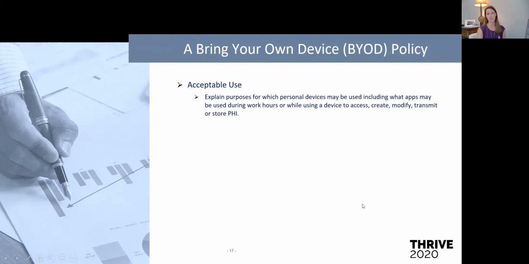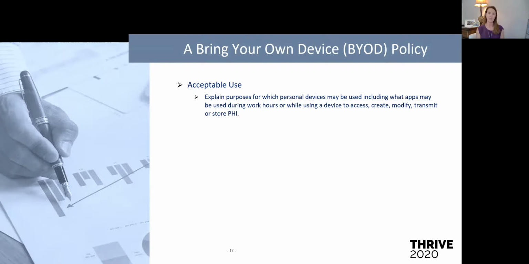So acceptable use. You're going to need to explain to your staff what apps that they can use during work hours, because if you're allowing an individual to use their own device, it's going to be very hard for them not to want to go check their personal email, to check their Facebook, to Google something unrelated to work. And I know that stuff happens in the office too, but when you're in the office, you might have more security in place.